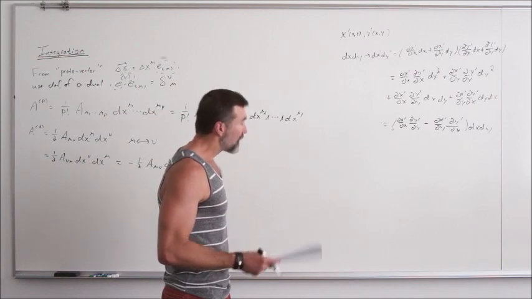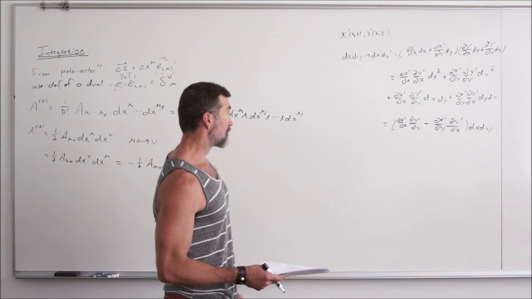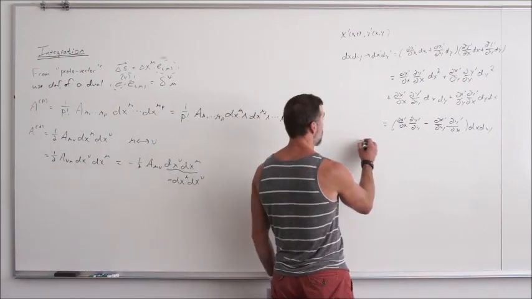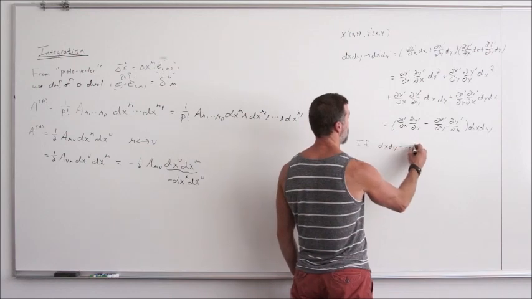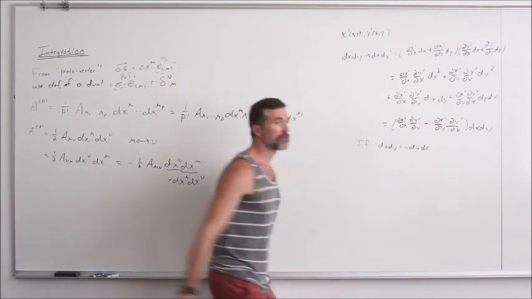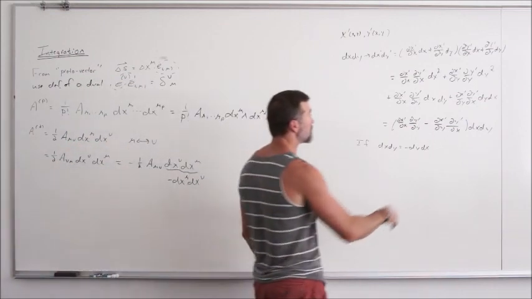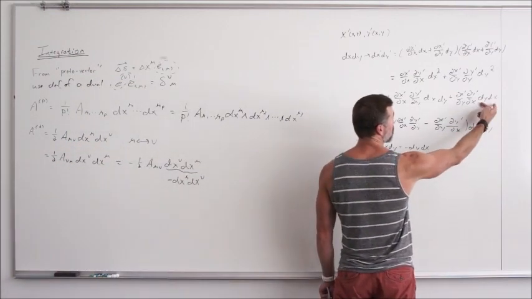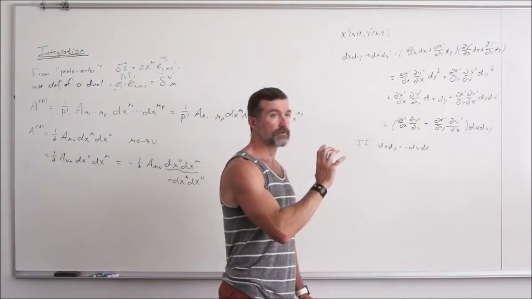All right. So what we notice is that this actually works provided that dx dy is minus dy dx. Okay? If dx dy is minus dy dx, I can flip these two terms, pick up a minus sign. That's exactly this. Okay?